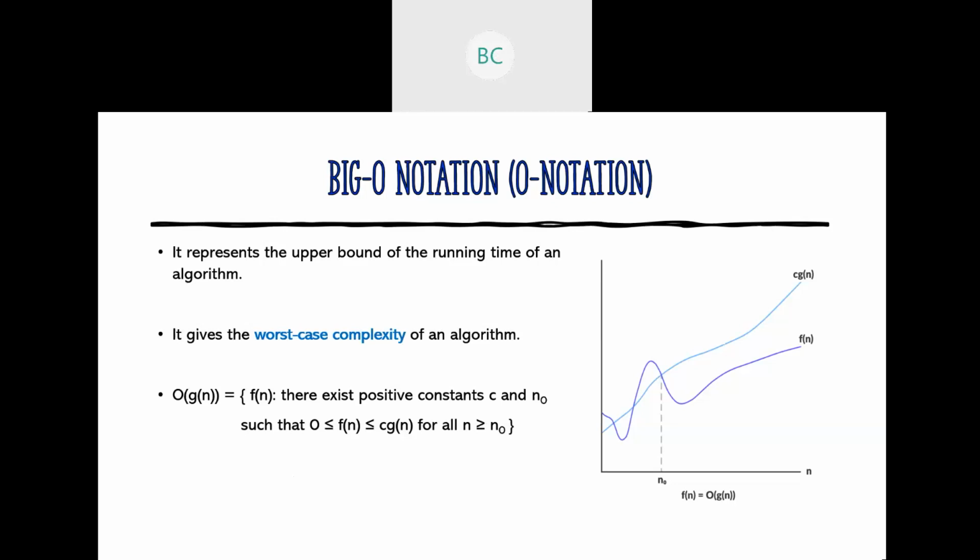I'll come to the graph part later. Just tell me your guess. Just think about it. Why do we mainly care about worst case? Because we need to know the time required and whether the program will finish on time or not.